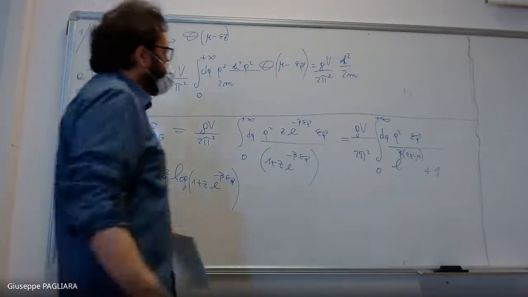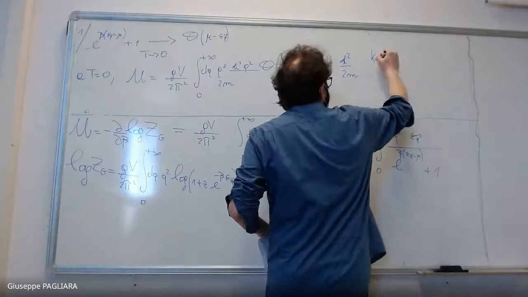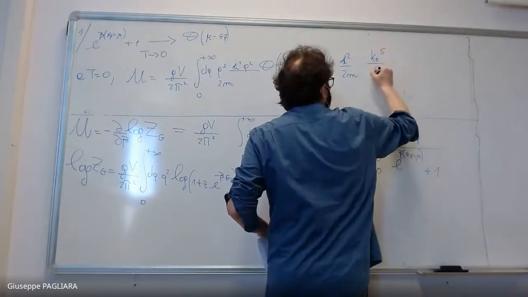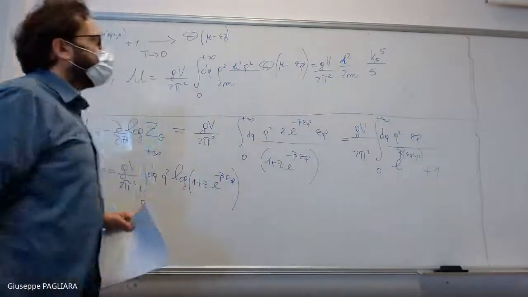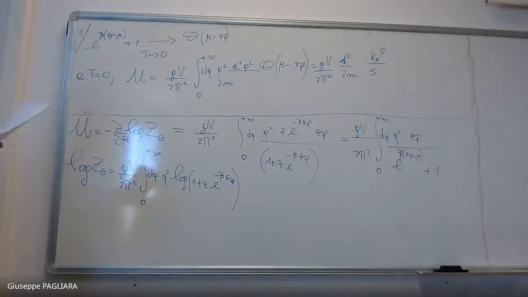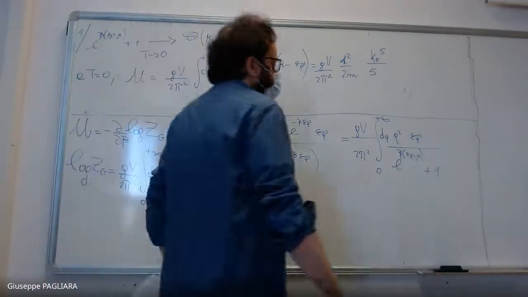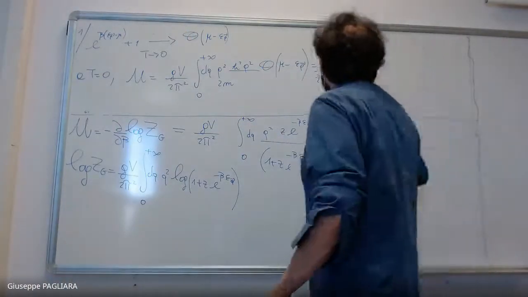Okay, so then it becomes kF to the power of 5 divided by 5, and then I think I have everything. Yeah, this is the internal energy as a function of the Fermi momentum.